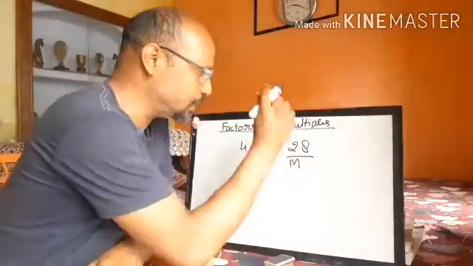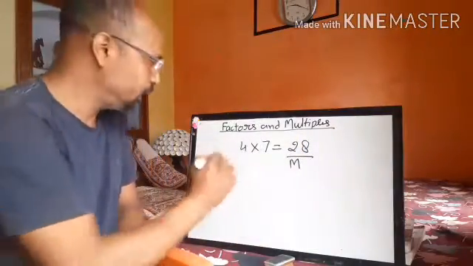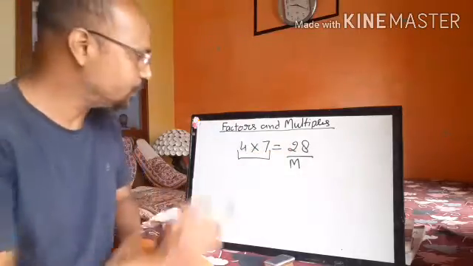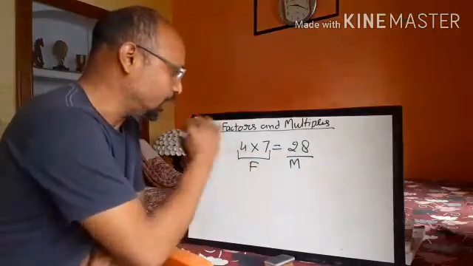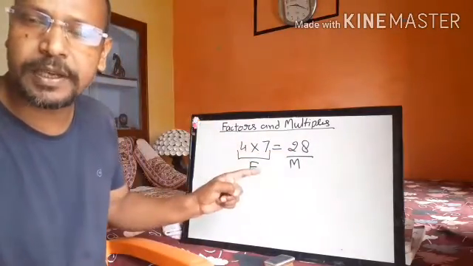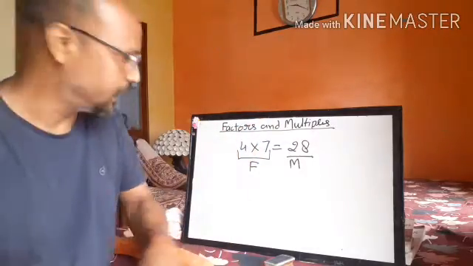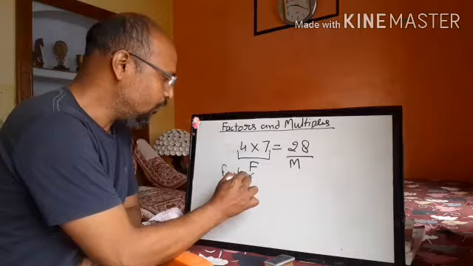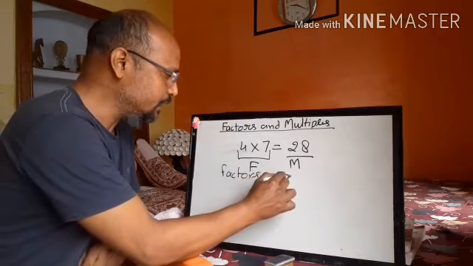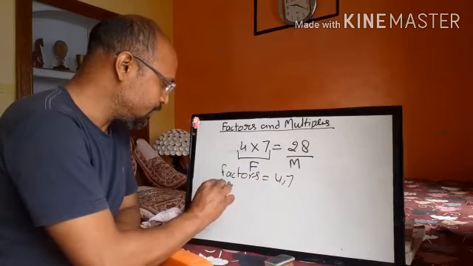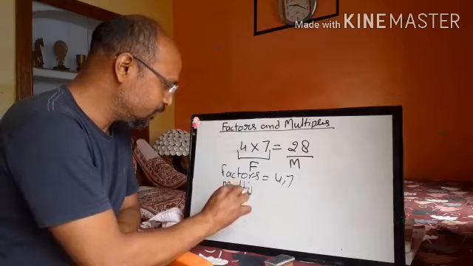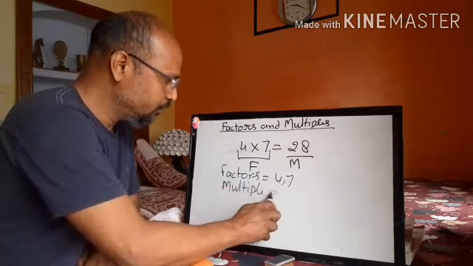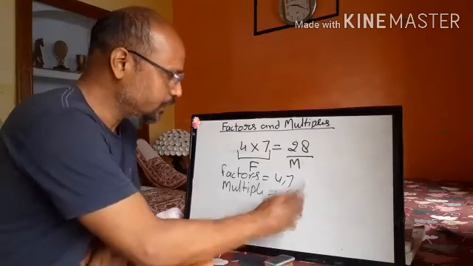It is the multiple, while 4 and 7 are the factors of 28. These both are the factors of 28. Means factors are 4 and 7 and the multiple is 28.